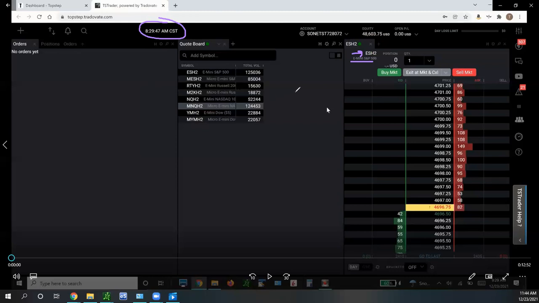As I mentioned, this is the futures. So the futures are actually open already, and they've been open. The futures are open 24/5, so they're open essentially 24 hours during the week. So the stock market is just about to open.